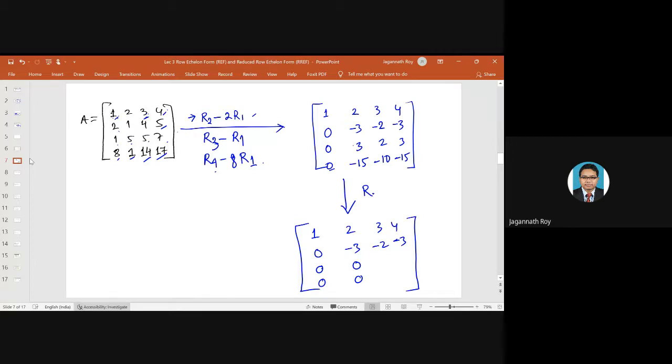So this R2, the new one, every time this row will be updated. That is why it is customary to write that R2 new is replaced by R2 old plus some multiplication of Ri. But when you know everything, then you can directly write in this form.